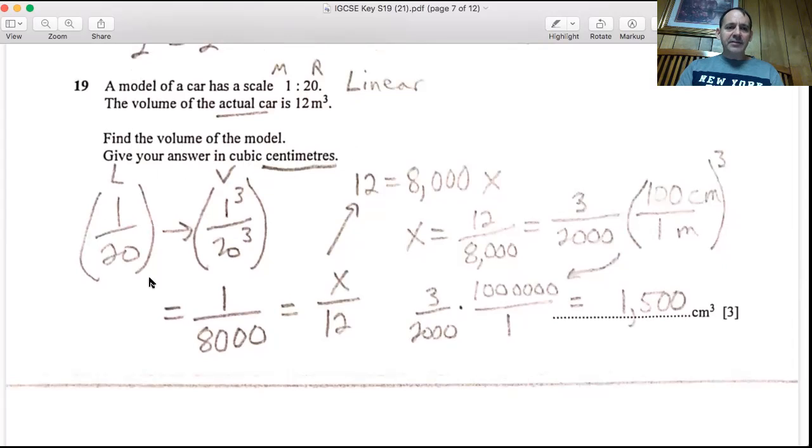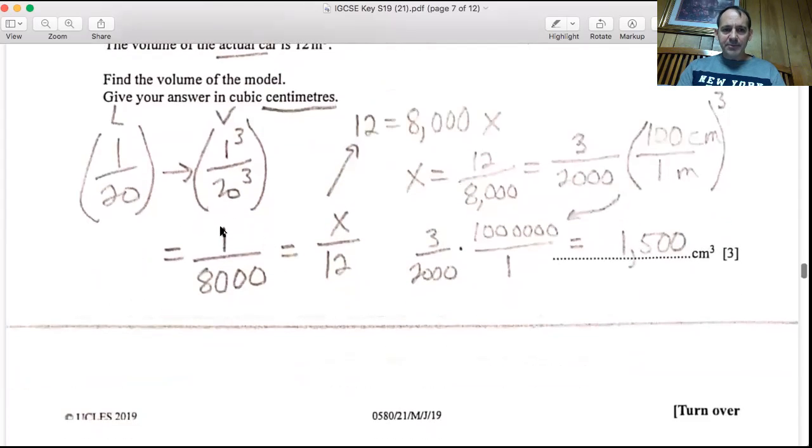Our ratio that it starts off with is linear, our first dimension, and it is 1 to 20, the model to the actual. What we want to do is convert this ratio from a one-dimensional concept into a three-dimensional one, for the volume. So we're going to cube this ratio, and we get 1 cubed and 20 cubed, and it becomes 1 to 8,000.